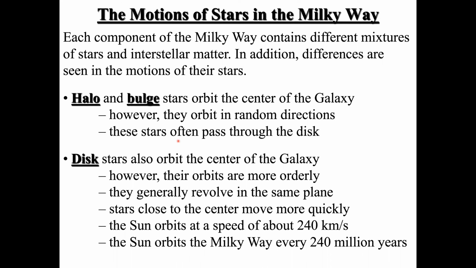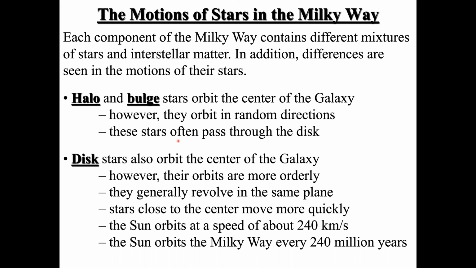But the reality is, when you compare to our galaxy, the sun orbits around the galaxy at 240 kilometers per second. Within one second, while we are talking, our sun is moving 240 kilometers, right?